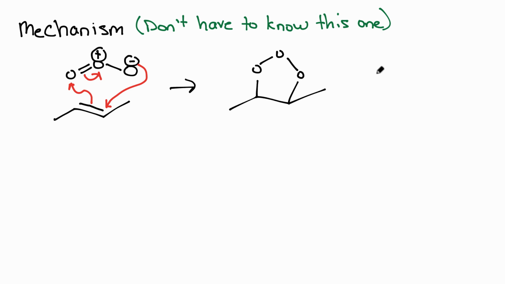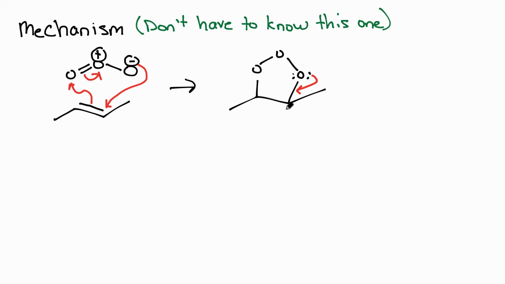And what's going to happen here in order to go from this intermediate to the ozonide, I'm going to involve the lone pair electrons on one of these oxygens. And I'm going to push these down to form a carbon-oxygen double bond.